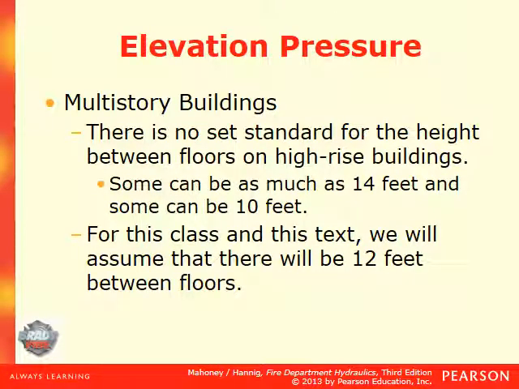So, instead of looking at hills and mountains and valleys, let's look at multi-story buildings. That's more common to what we're going to face. There is no set standard for the height between floors on high-rise buildings. Some can be as much as 14 feet, and others can be as little as 10 feet. So for this class and text, we will assume that for each floor, there is 12 feet difference.